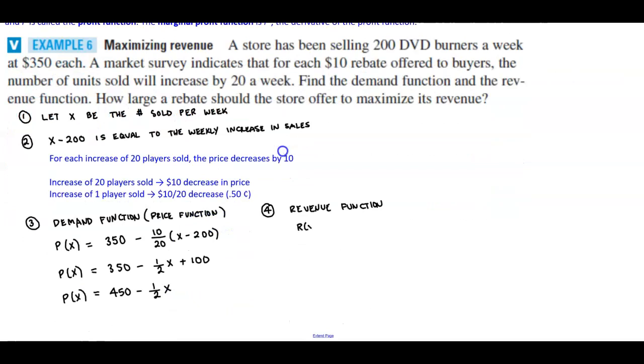So we know R of x is going to equal x times P of x, which we found to be 450 minus 1/2 x. So distribute the x, and we're going to get 450x minus 1/2 x squared.